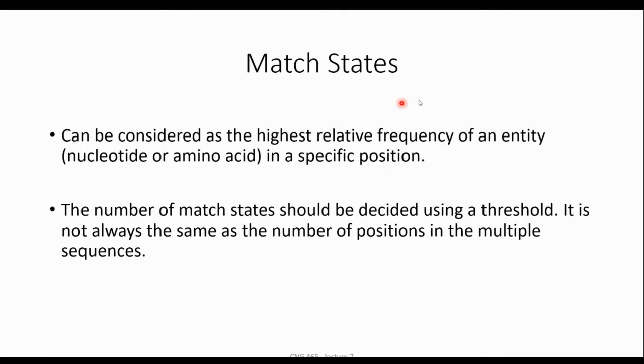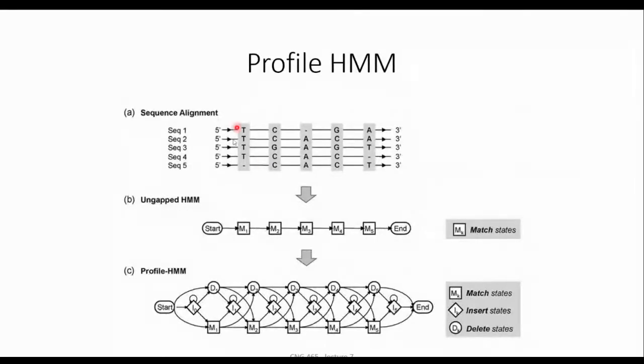For match states, I already mentioned that this is related to the conserved region, but how do I decide about the conserved region? It can be considered as the highest relative frequency of an entity, either nucleotide or amino acid, in a specific position. Each one of them, we can just consider a position, for example, first, second, third, and so on.